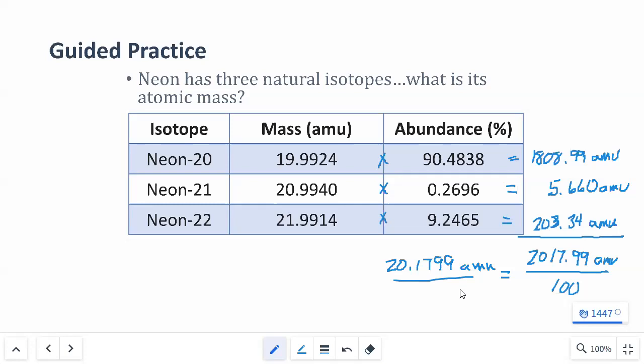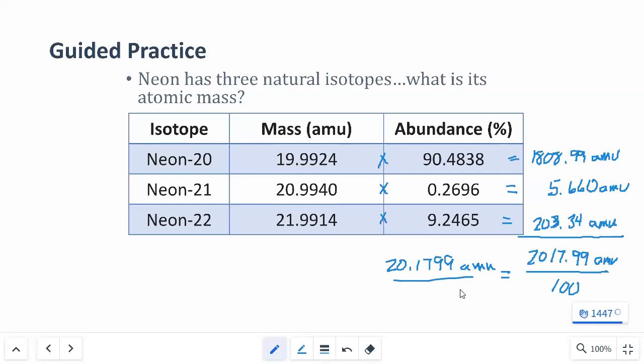So that's what we have to do to get those weighted averages, to get those numbers on the periodic table. It's not a matter of a single isotope. It's a matter of a combination of all of the isotopes with their relative abundances kind of baked into the calculation.